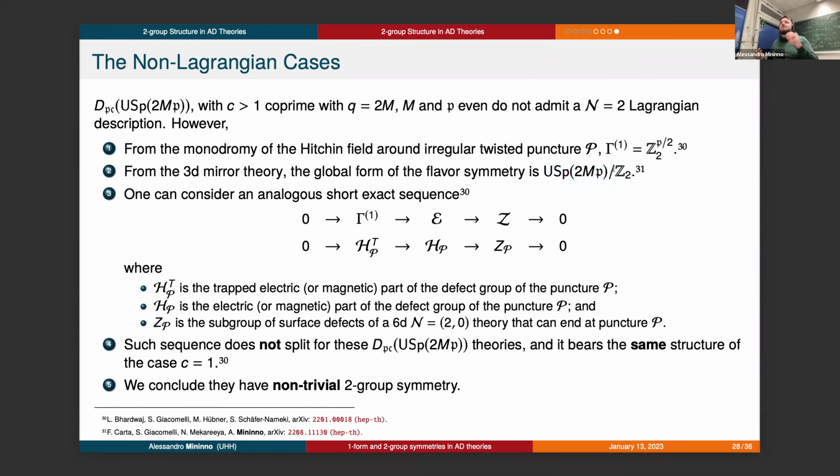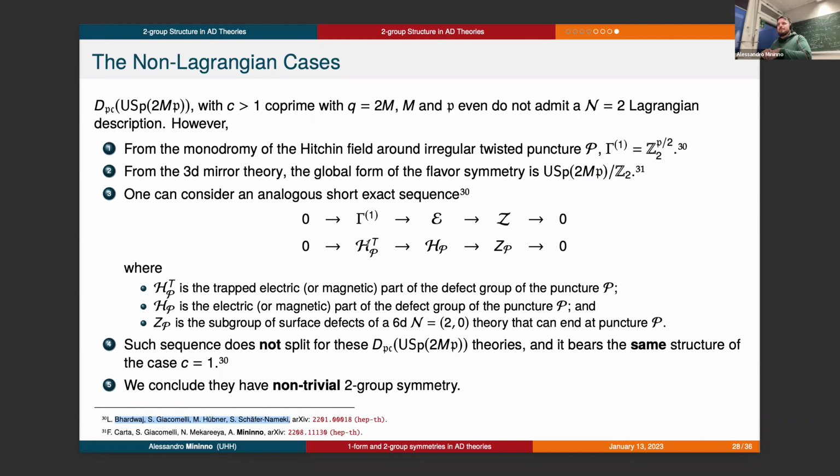Now, one can consider, again, the short exact sequence. You can imagine that it's behaving exactly in the same way, but you want to motivate why you can still have this short exact sequence. And this comes from the discussion that these authors did, in which we can reinterpret. They didn't spell it out exactly in this way.